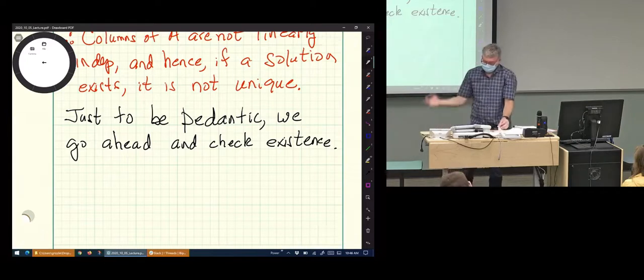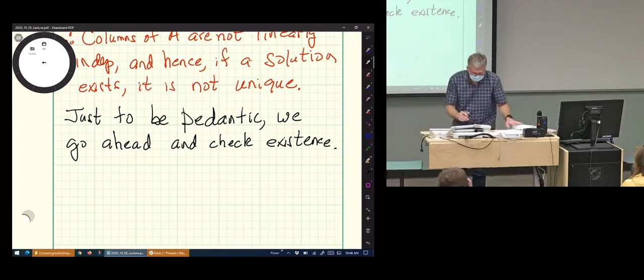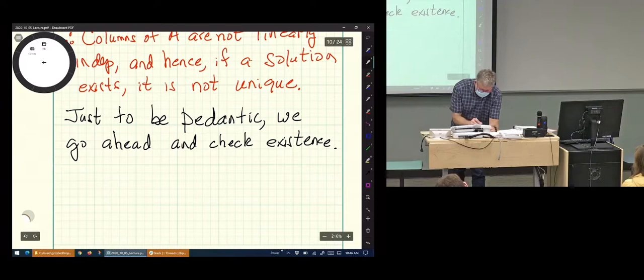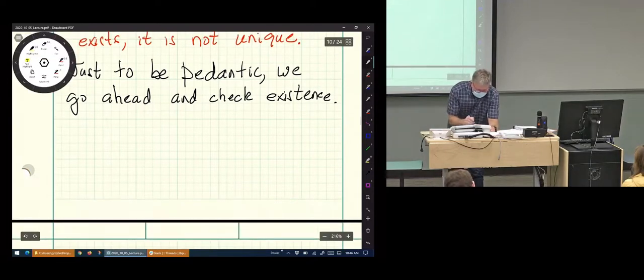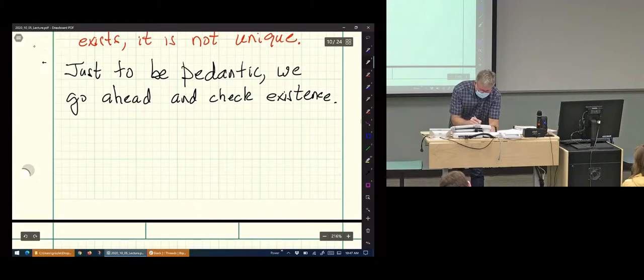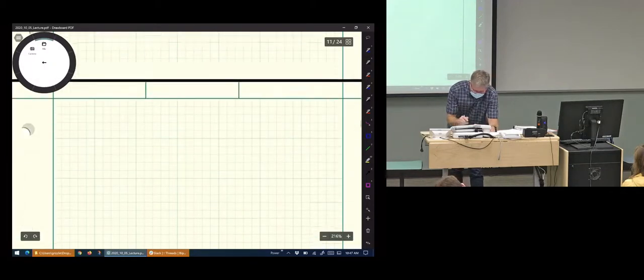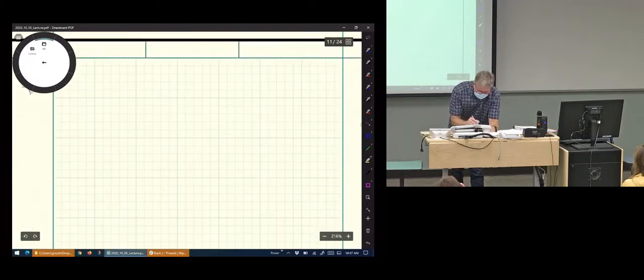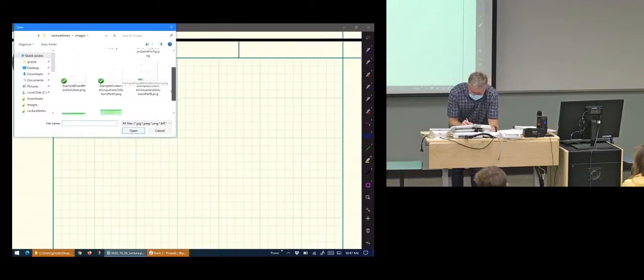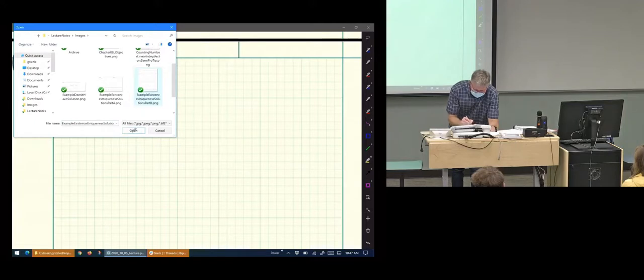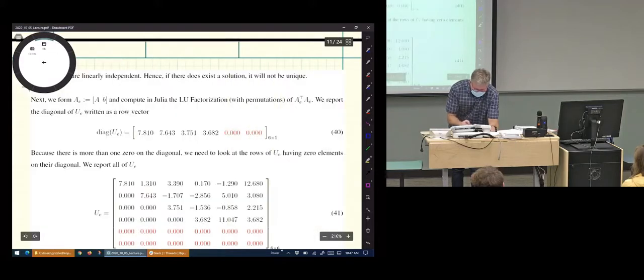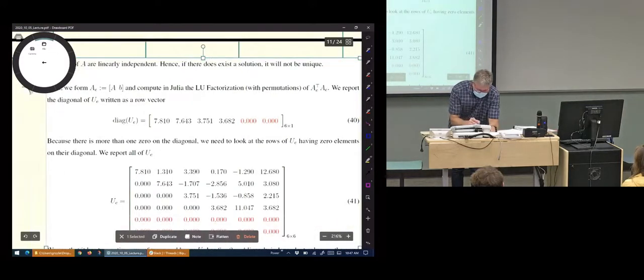Okay, it's not that interesting probably, but if there is a solution, then there's an infinite number of them. Whoops, I want to insert something. So insert image file. Part B.